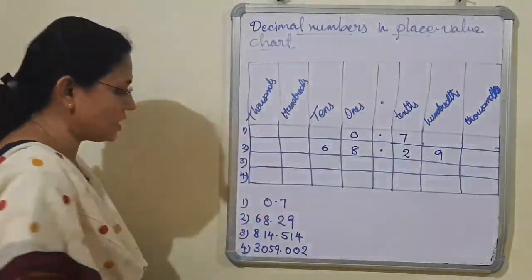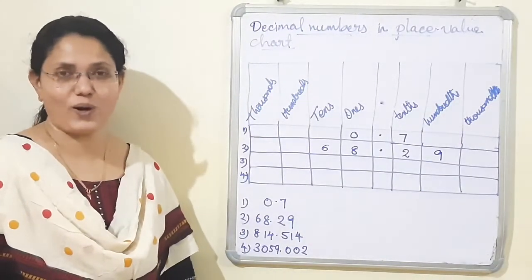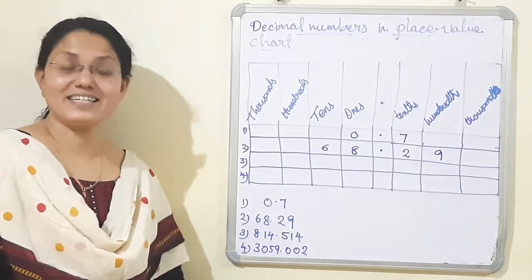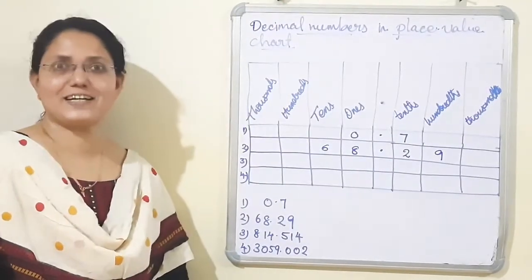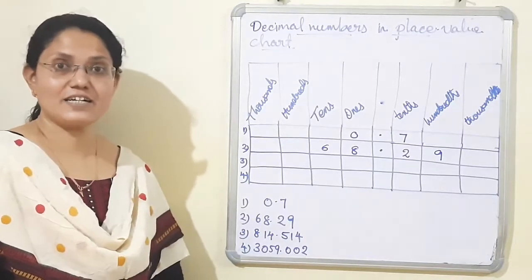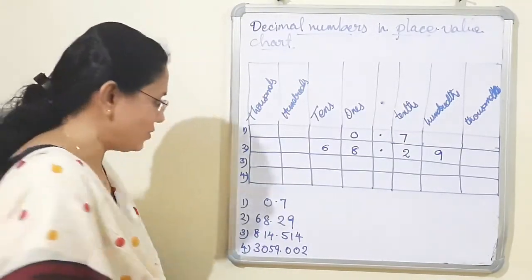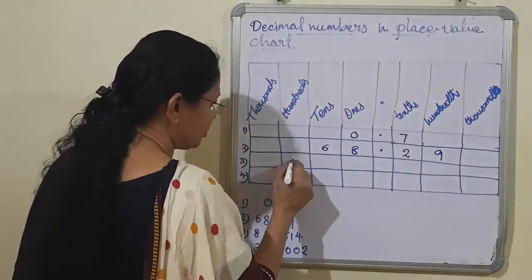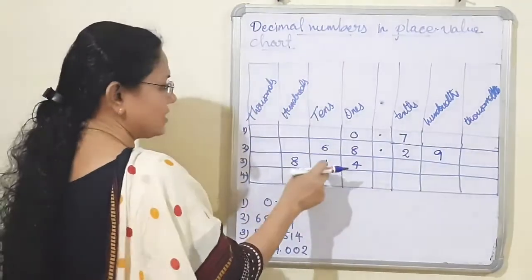Then third question, 814.514. Whole number part, the number is 814. Means 8 is in hundreds place, 1 is in tens place and 4 is in ones place. Now we can arrange according to this: 8, 1, 4, hundreds, tens, ones.